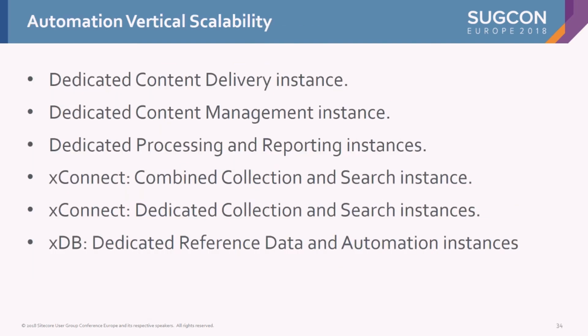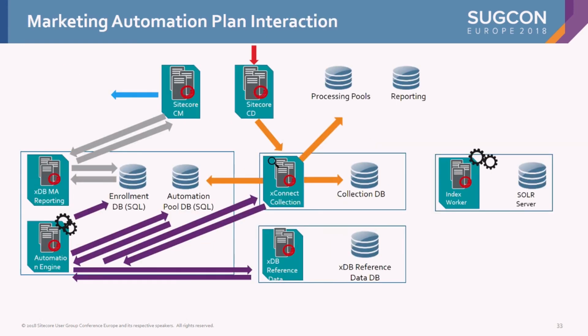And of course, you have different options to scale your marketing automation, if you actually have this need. We can do it vertically or horizontally. Vertical scalability happens by dedicating some of the core roles we discussed. If I just go back, we have our main four core servers: the marketing automation, the XConnect, and the XGP reference data.